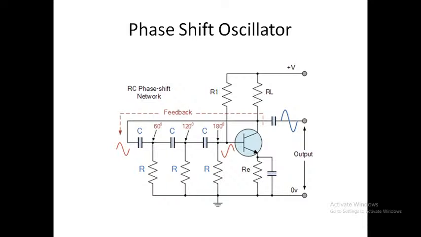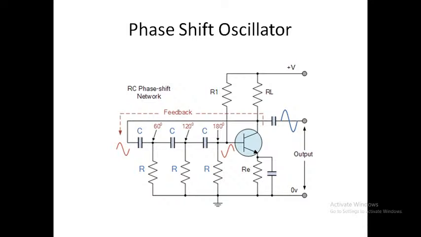Here you can see each RC section will provide 60 degrees of phase shift. Each RC section will provide 60 degrees of phase shift, and so 3 RC networks will provide a total of 180 degrees of phase shift.